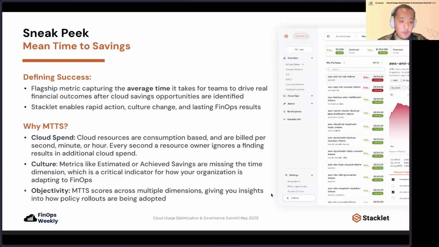Of course, being able to slice this by different tags as well, so you can understand which parts of your organization are actually doing better. And try to drive that culture change, that behavior change, so that people understand that these findings are not just for show. We want people to actually try to help us save money, right?